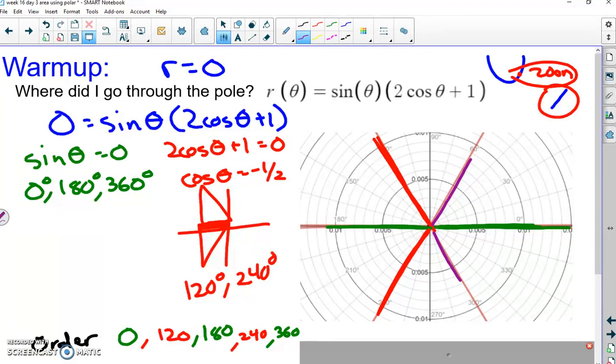The reason is, let me draw a thing here. Let's say you enter at 120. What's going to happen at 120 when you enter? Does it just do that? Can it do that? No, because it has to be smooth in its transition. So it can't do that. It's going to loop through. Do you see when it loops through, it looks like it's going on the purple part?